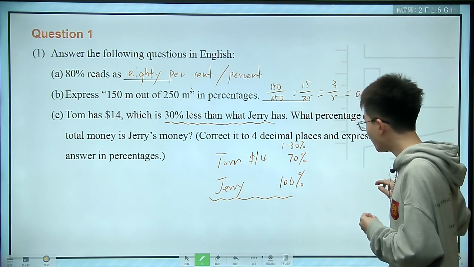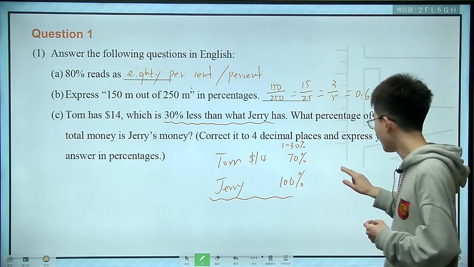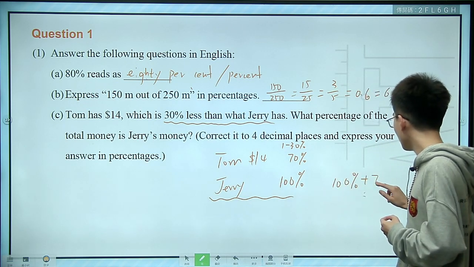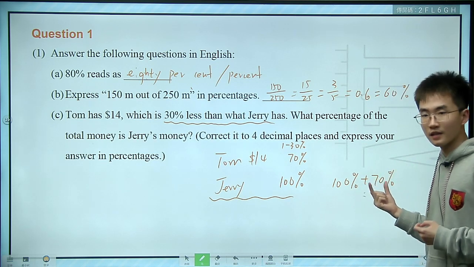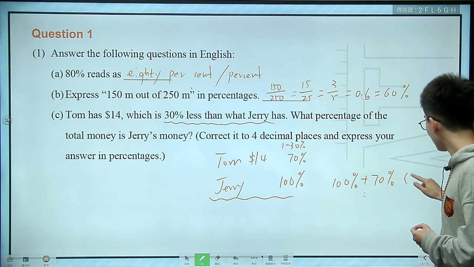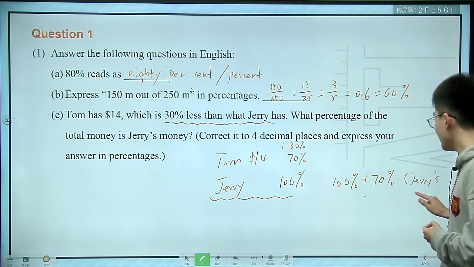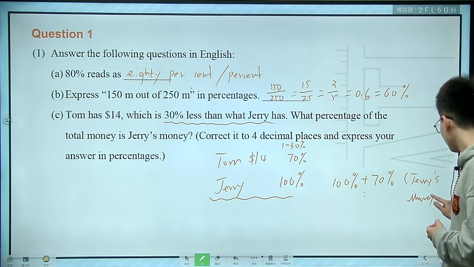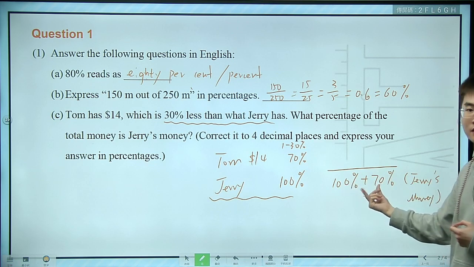If we take Jerry's money as 100% and Tom's money will be 70%, then in total there will be 100% plus 70%. We use Jerry's money as a unit, so in total it will be 170%.